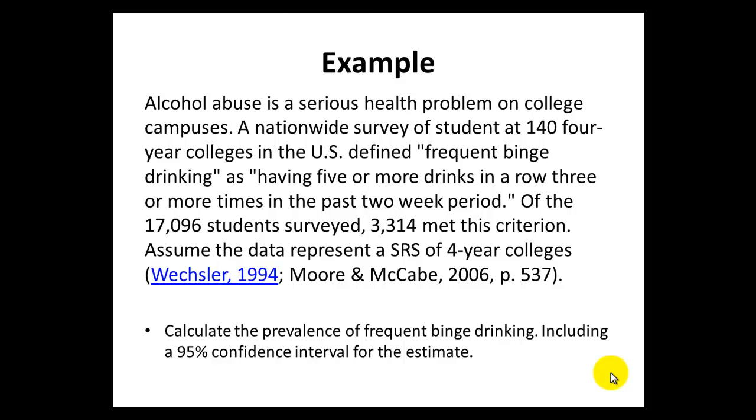Of the 17,096 students they surveyed, 3,314 met this criterion. Assume the data represents a simple random sample of four-year colleges. So the first thing we want to do is calculate the prevalence of frequent binge drinking on college campuses. And we'll also want to make a 95% confidence interval for this estimate.